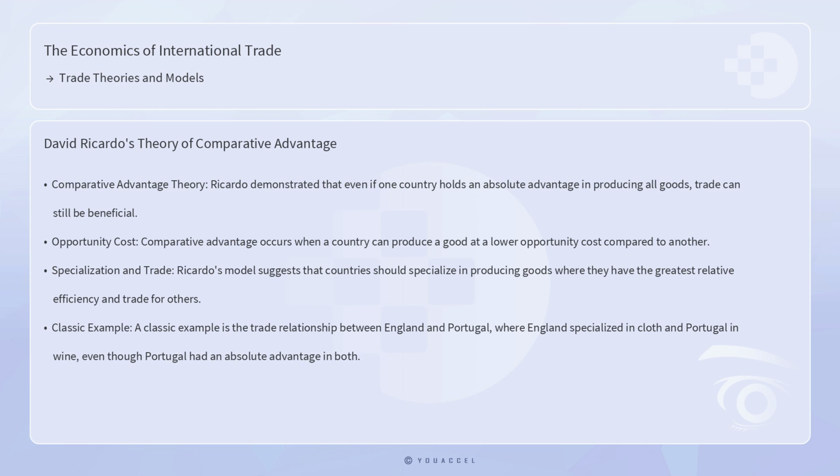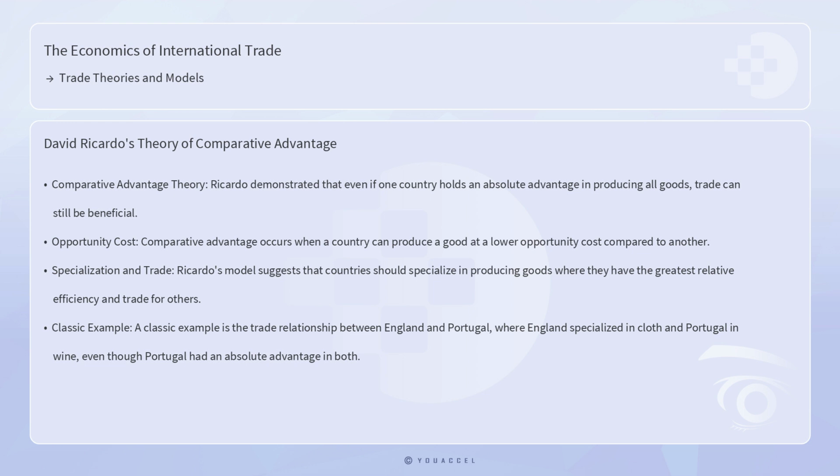Building on Smith's ideas, David Ricardo developed the theory of comparative advantage in the early 19th century, which remains a cornerstone of modern trade theory. Ricardo demonstrated that even if one country holds an absolute advantage in producing all goods, trade can still be beneficial. Comparative advantage occurs when a country can produce a good at a lower opportunity cost compared to another.